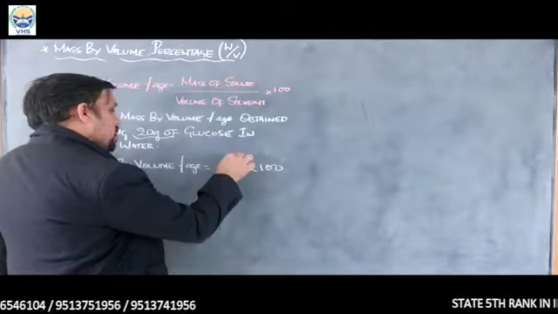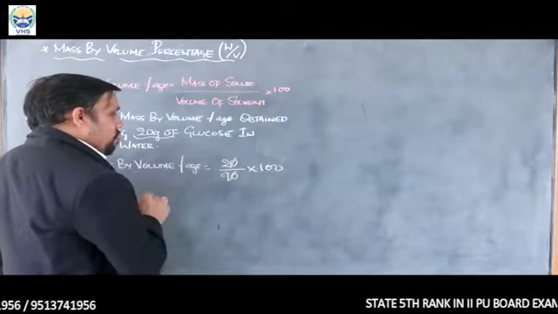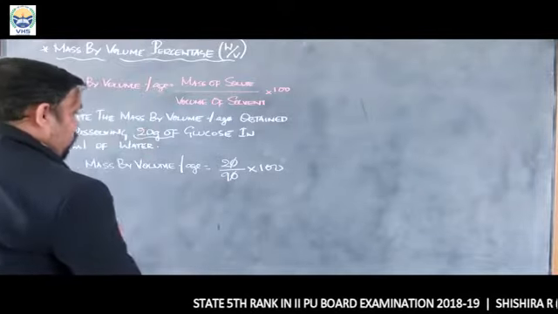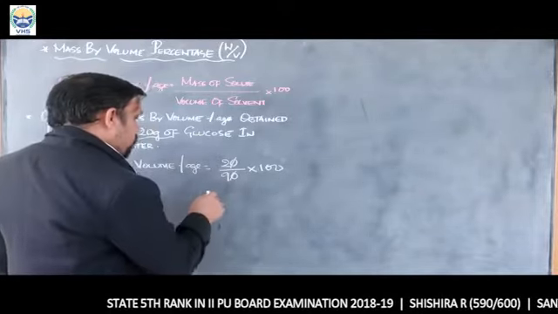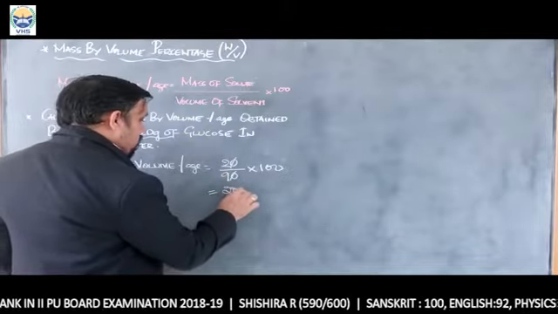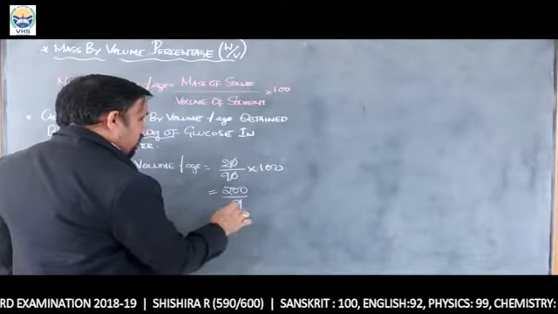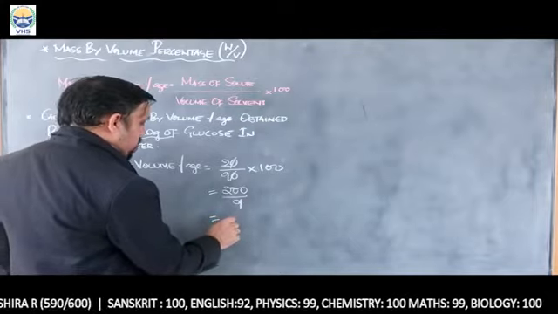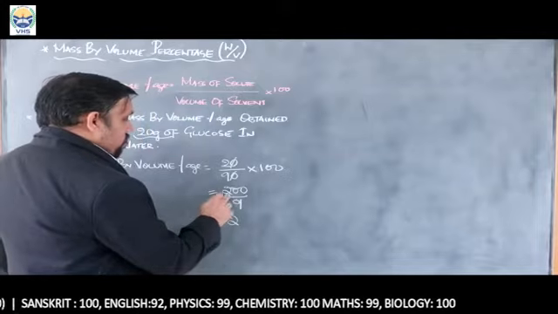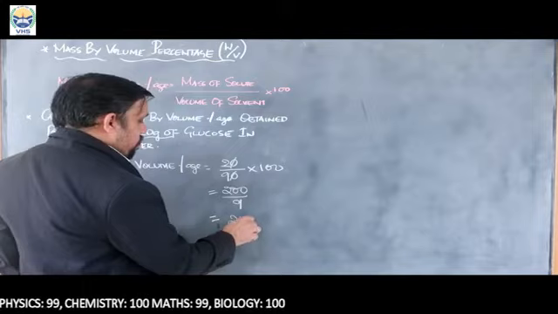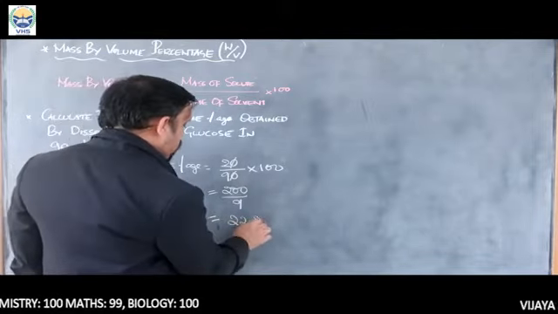So I can just cancel out these two. Fine. Now you people are to tell. If you just cancel it out, we'll be left with 2 into 100 is 200. 200 divided by 9. If you try to cancel it out, 9 2s are 18, so you'll be left with 2. Again another 2. So that goes on, giving 22.22%.